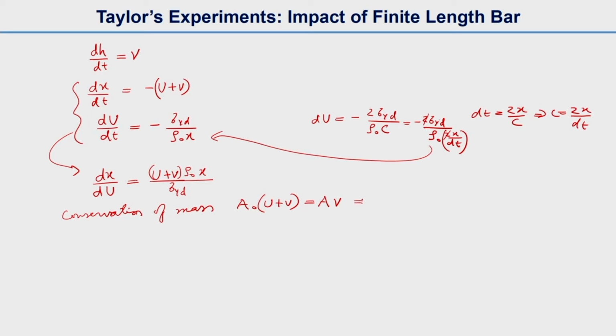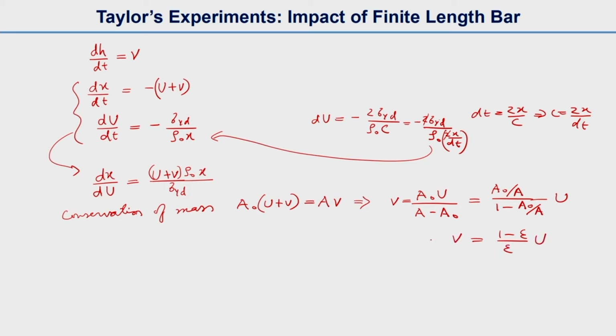So we can find that small v is equal to a naught u divided by (A minus a naught), and in terms of strain, a naught by A is 1 minus epsilon, multiplied by u.